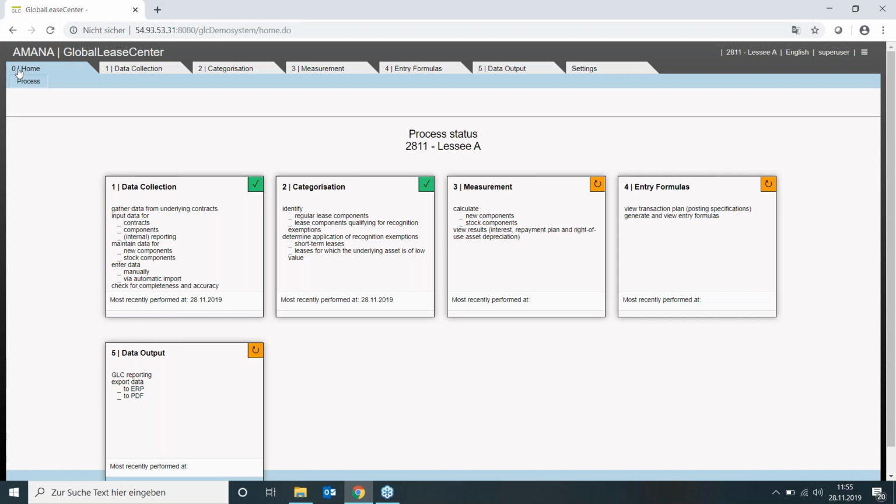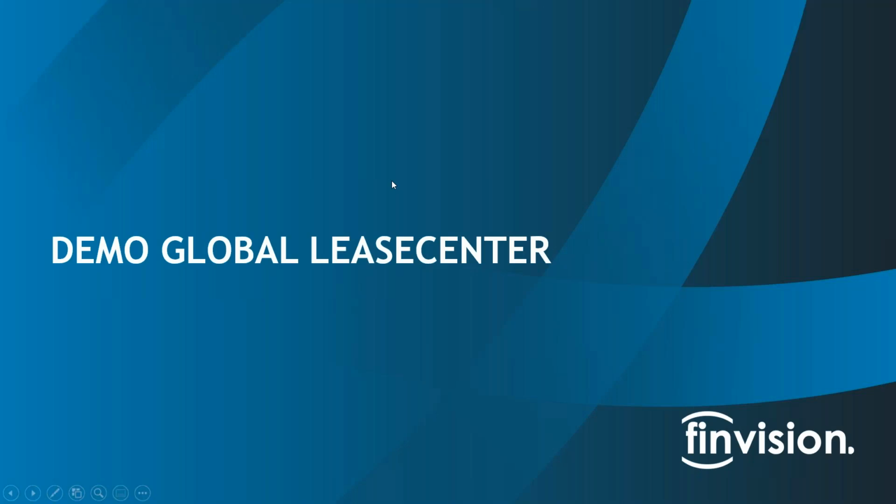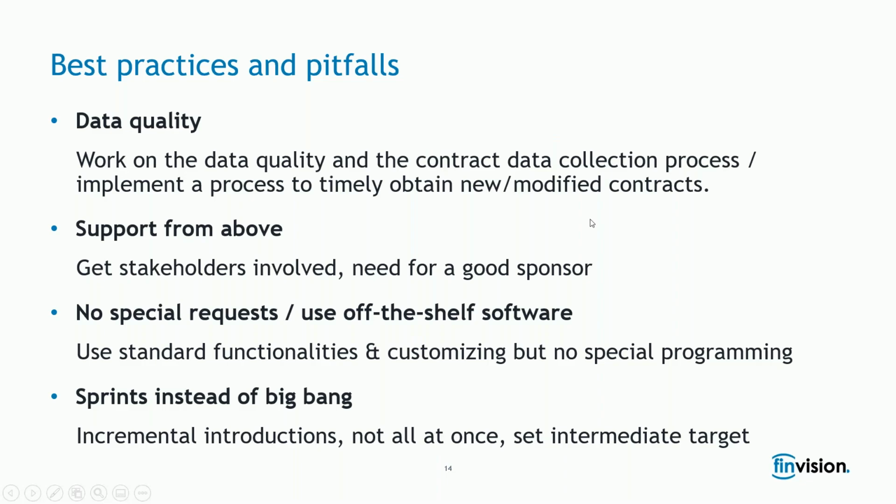I will give myself again the presenter role to finalize. I wanted to give you some best practices and pitfalls based on our experience of implementing the tool. One of the things that we have seen, and that often has been ignored when preparing the initial accounting for IFRS 16, is the data quality. So it's very important that you work on the data quality and that you understand the contracts.